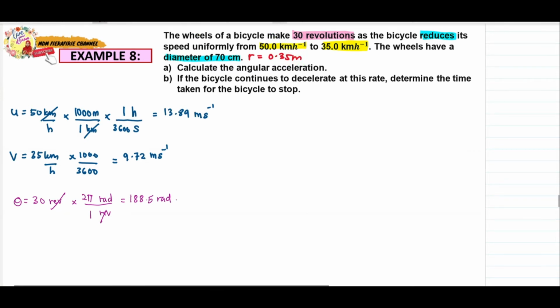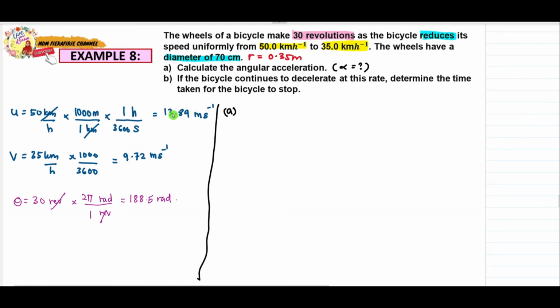So we have settled converting everything, and we can now answer the questions. Now A: calculate the angular acceleration. So we want to calculate alpha, the angular acceleration.